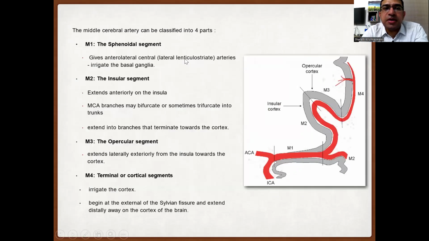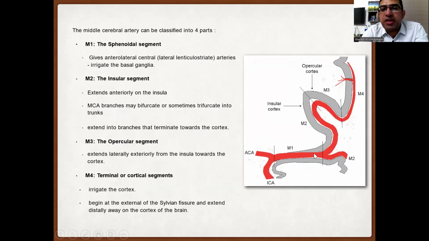Now, the middle cerebral artery is of great importance to all of us because, as you know, in the area supplied by the middle cerebral artery, a thrombosis or an infarct can lead to paralysis, semiparesis, and other conditions. So, M1 is the sphenoidal segment of the middle cerebral artery, which I had just told you.